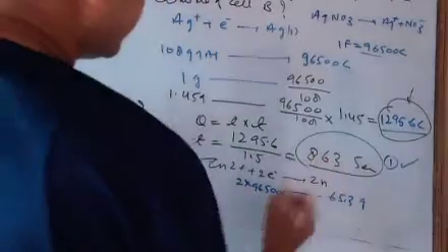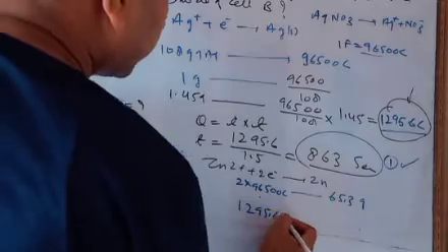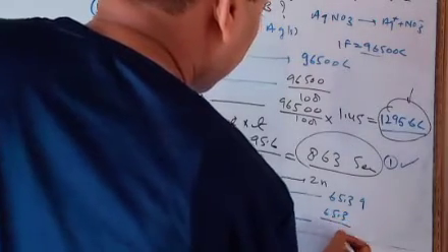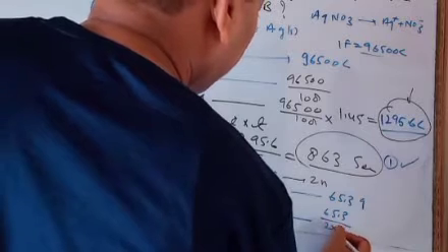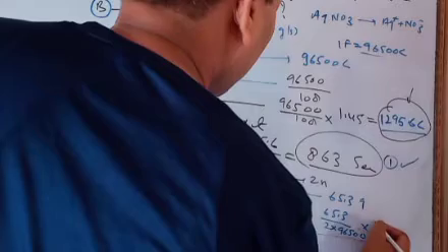So for 1 Coulomb we use the unity method. Here we have to calculate for 1295.6 Coulomb, so multiplied by 65.3 upon 2 into 96500.